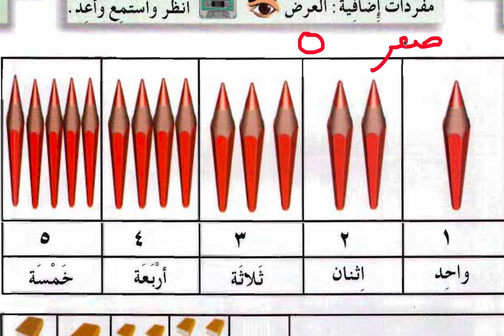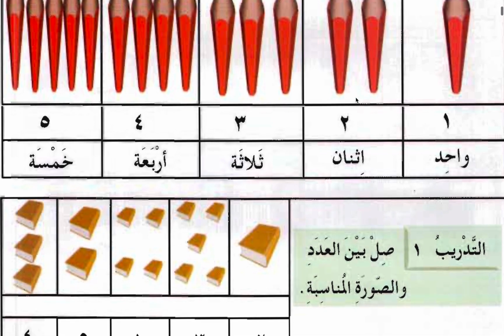But the number 0 is sifr. Okay, so this is the number 0, and the way you write 0 in Arabic is just a dot. Okay, so it just kind of looks like a dot. So that's the number 0. So these are the 6 numbers we'll be covering in this portion here.